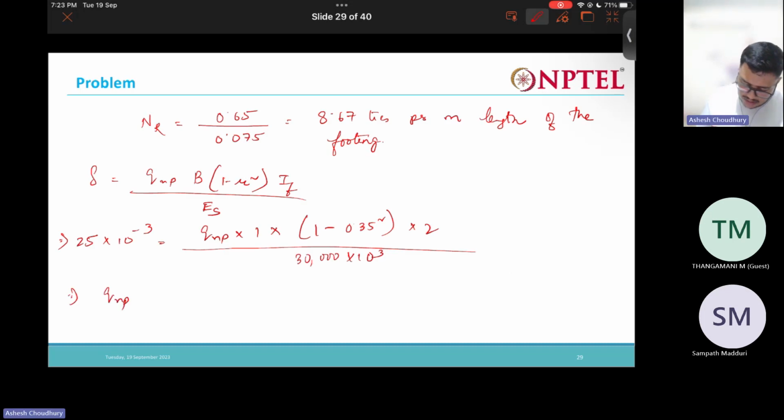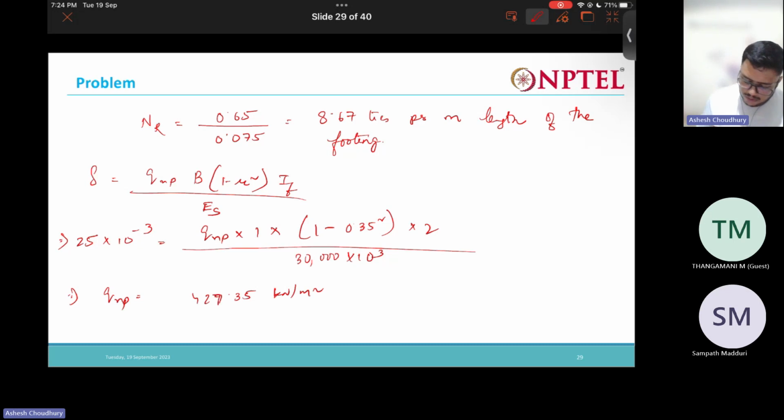From here, I get q as 427.35 kN per square meter.